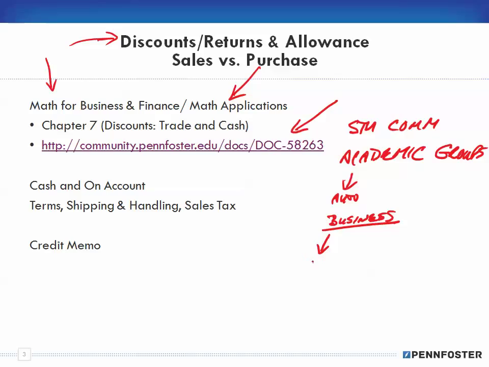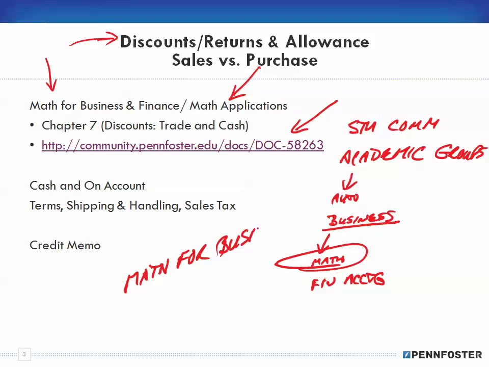You'll see the math for business applications, and then you'll also see the financial accounting. And you're aware of that because you're watching this video. So if you go to the math for business applications section and you click in there, you'll find these videos for chapter 7.